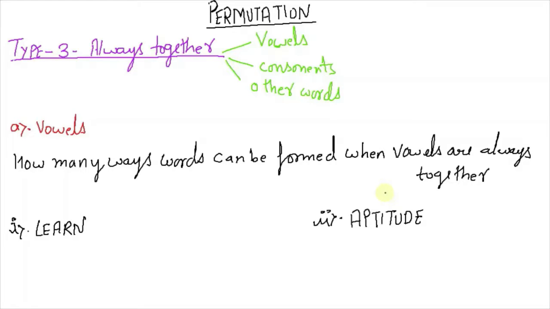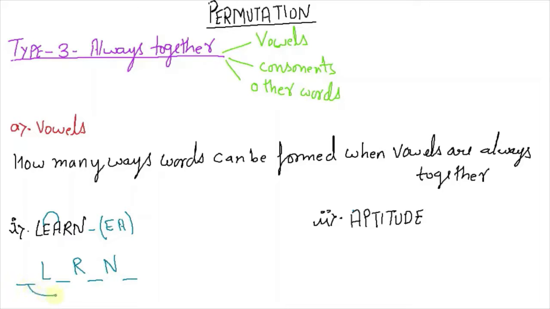Let's start with the vowels. And the question is how many ways words can be formed when vowels are always together. Let's say we have a word that is learn, and the number of vowels in this word is 2, that is E and A. Write them separately. Now write the remaining letters L, R, and N. We can put EA at the starting, in between L and R, in between R and N, and at the end.